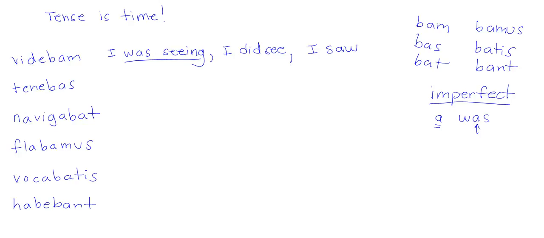Tenebas, there's the S. S is for you. There's the ba, you was. Well, we say you were. You were, and what do you do with tenere? You were holding. You did hold, or you held.